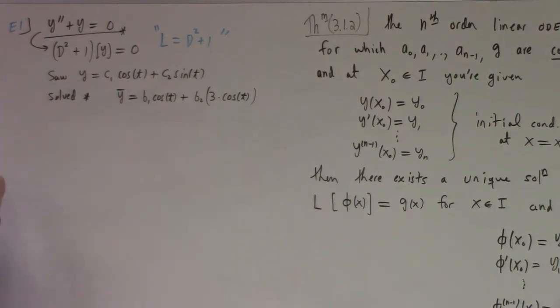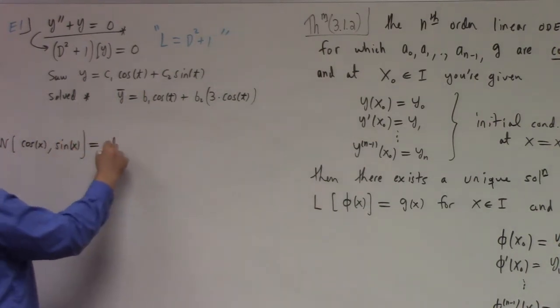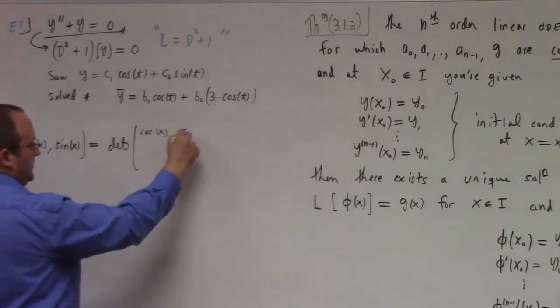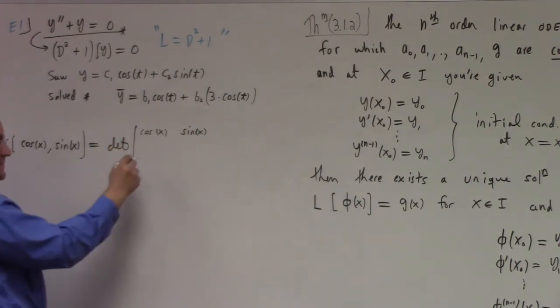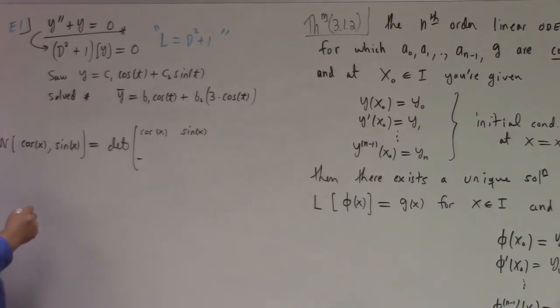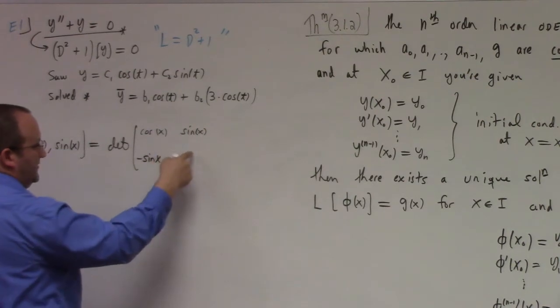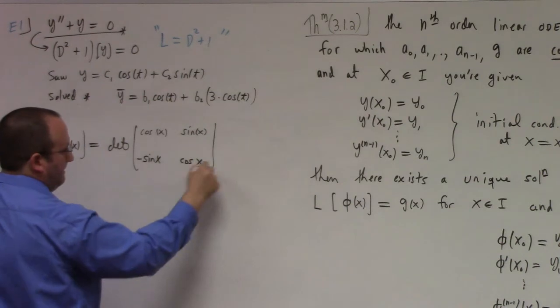So let's start with sine and cosine. The Wronskian of cosine and sine. We look at the determinant of the matrix where we put cosine, sine, and then the derivative of cosine is minus sine, and the derivative of sine is cosine.